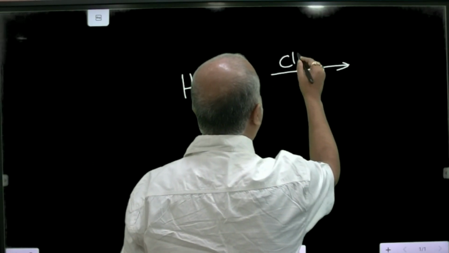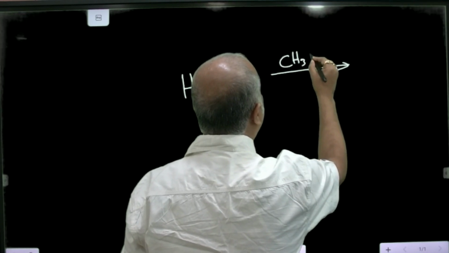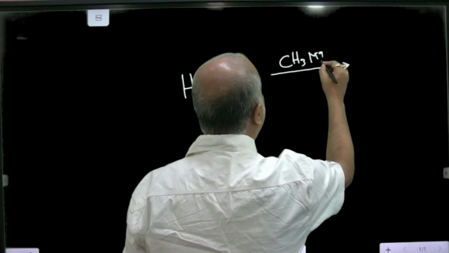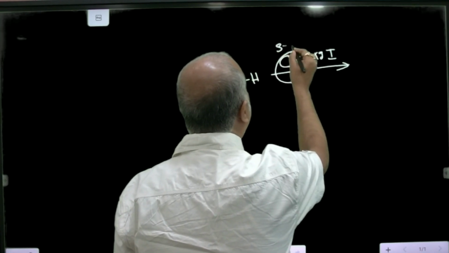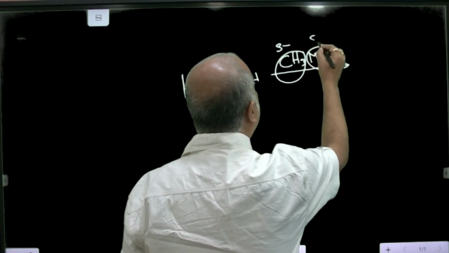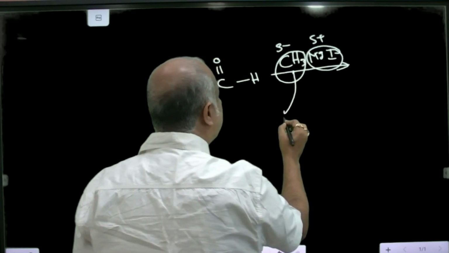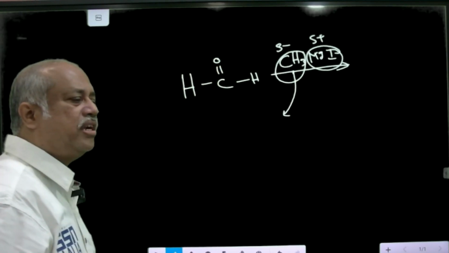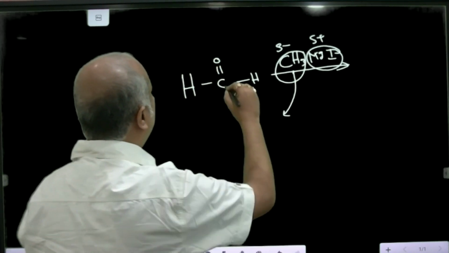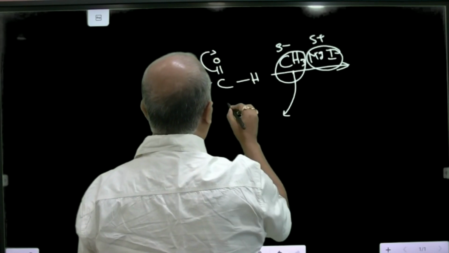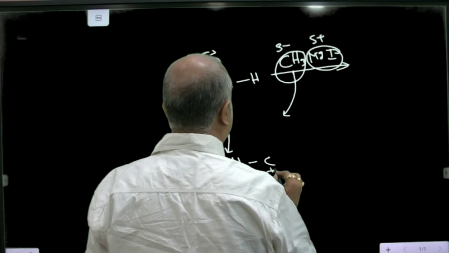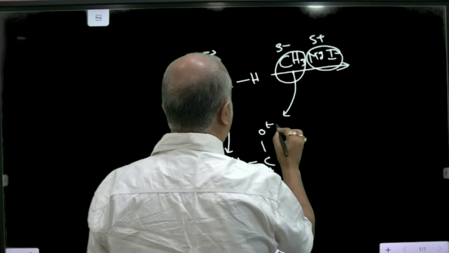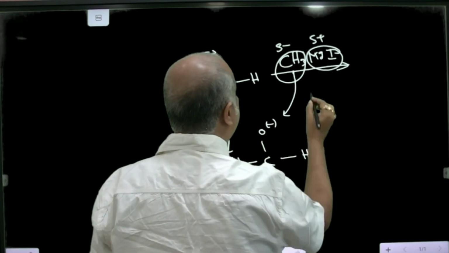This is CH3MgI. That is the del minus, and that is the del plus. This del minus is the nucleophile. You can rupture this bond, then it will produce H2C+, O-.